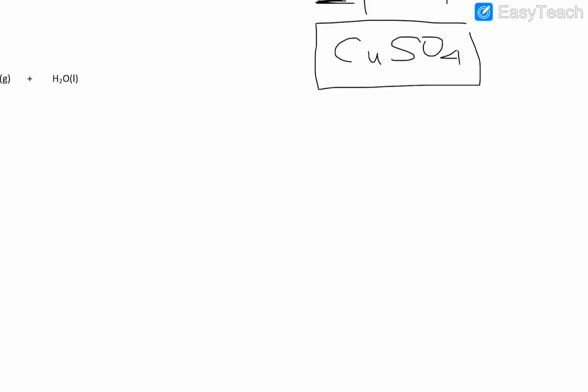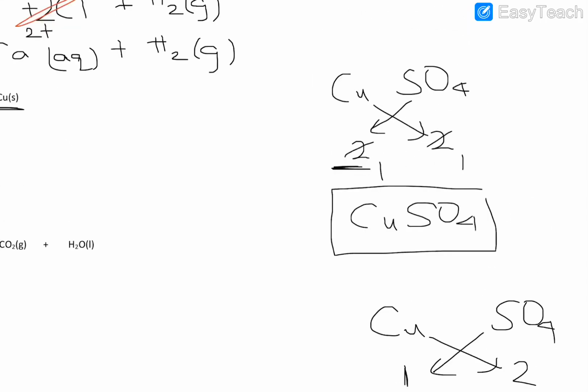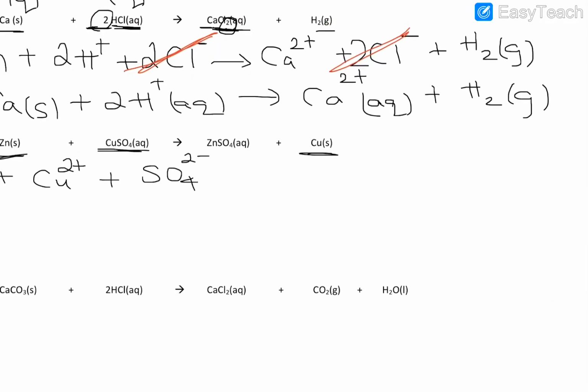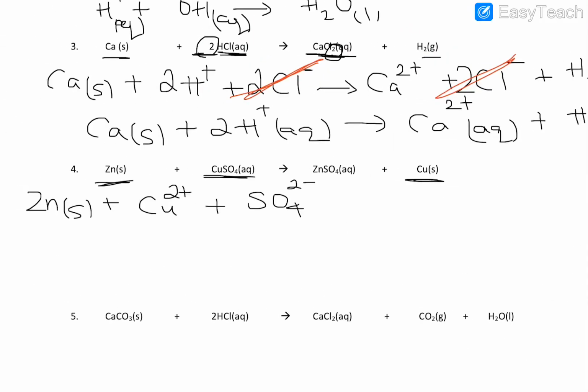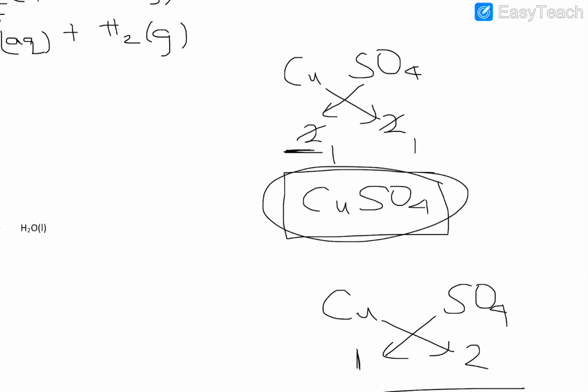If copper had valency 1, we would cross multiply and we would end up with Cu2SO4. So then here, copper would have valency 1. Okay, so because of this formula, we know that Cu has valency 2. This is why it's Cu2 plus. Same thing with zinc. We know that it is Zn2 plus because of the formula of that compound. So you could replace that with Zn and you will end up with ZnSO4.